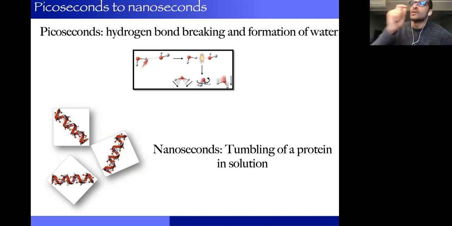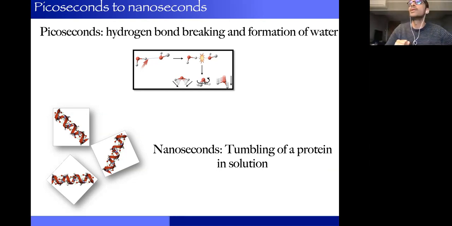If you took a covalent bond, like an OH bond, and you were to measure its decorrelation time, the time scale over which it would be fluctuating at equilibrium, that would be femtosecond.